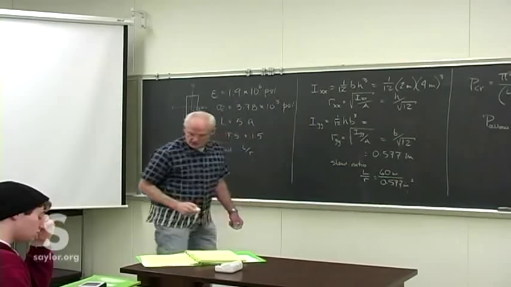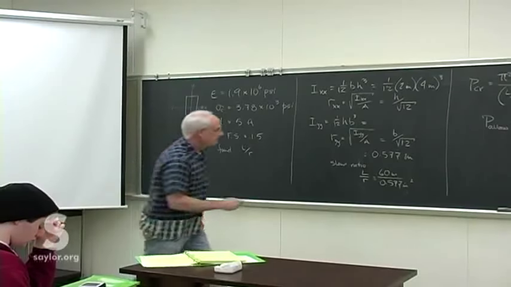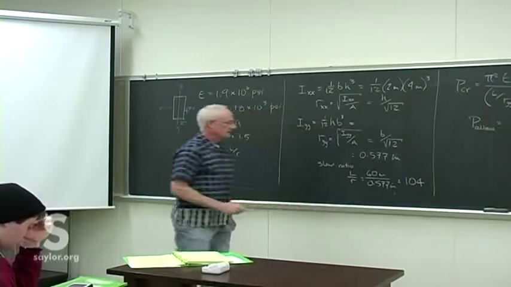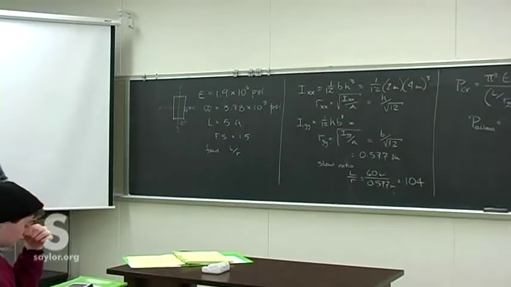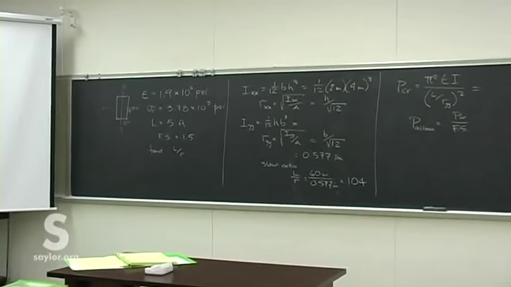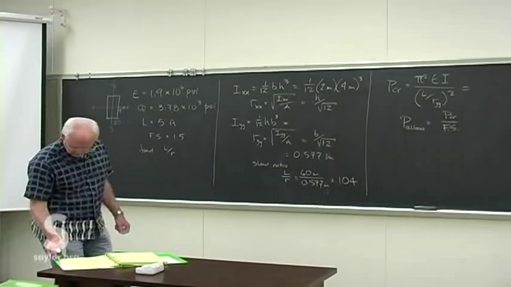Slenderness ratio, of course, is unitless, so that's about 104. That okay so far? That's the easy part.